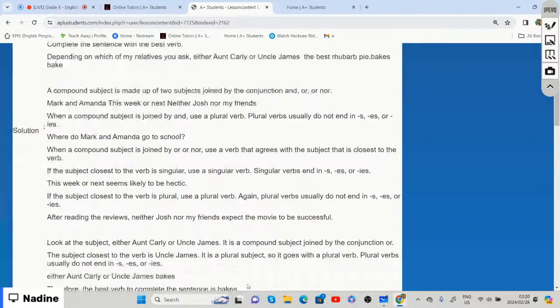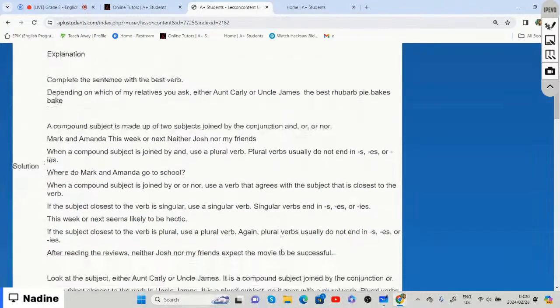So when it also comes to our compound subjects, remember we said a compound subject is basically the thing or person that does the action, not the whole entire sentence. Then we have plural verbs and singular verbs.